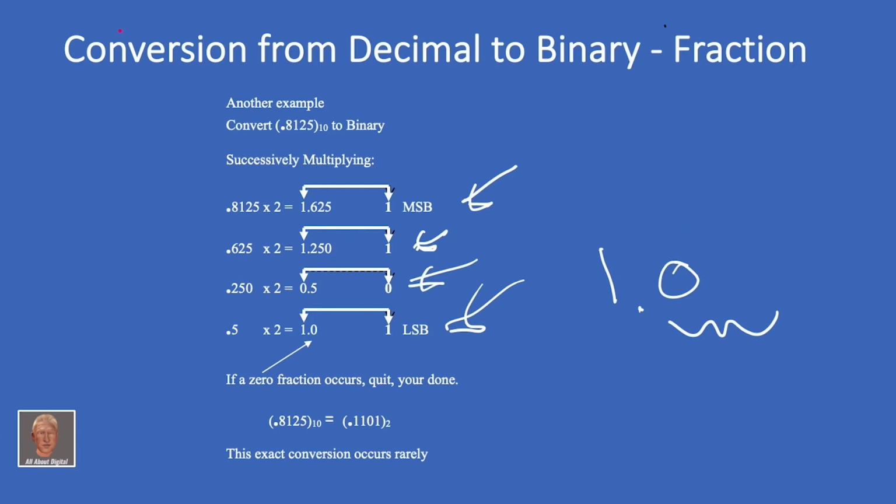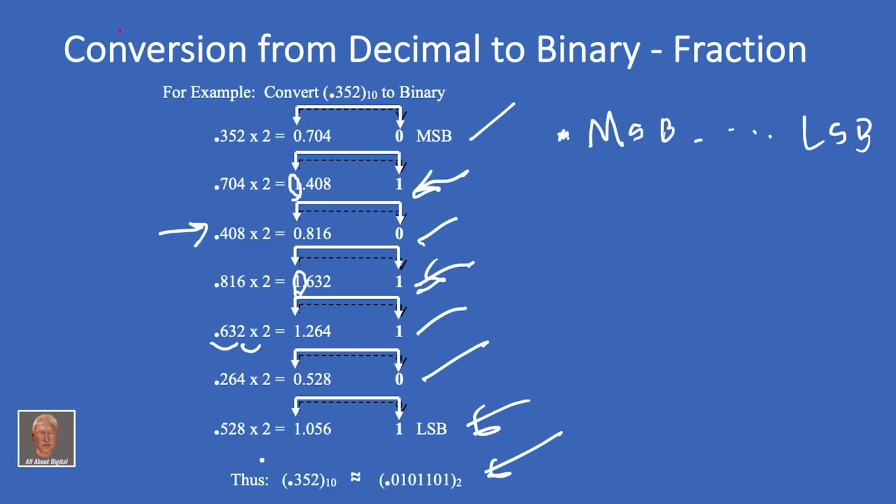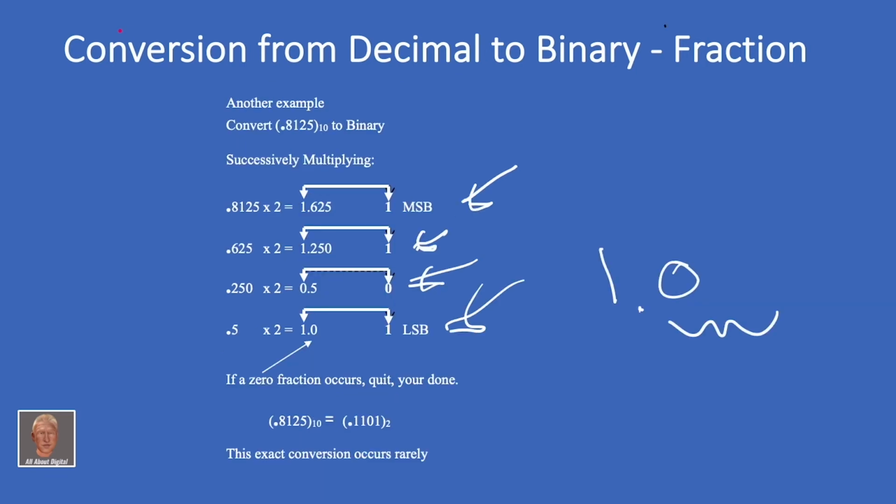Remember when we got back down to here, when we were dividing? We got 1.056. If we would have got a 0 down here, it would have been the exact conversion. But it wasn't. But right here, we get a 0 at the end here, 1.0.